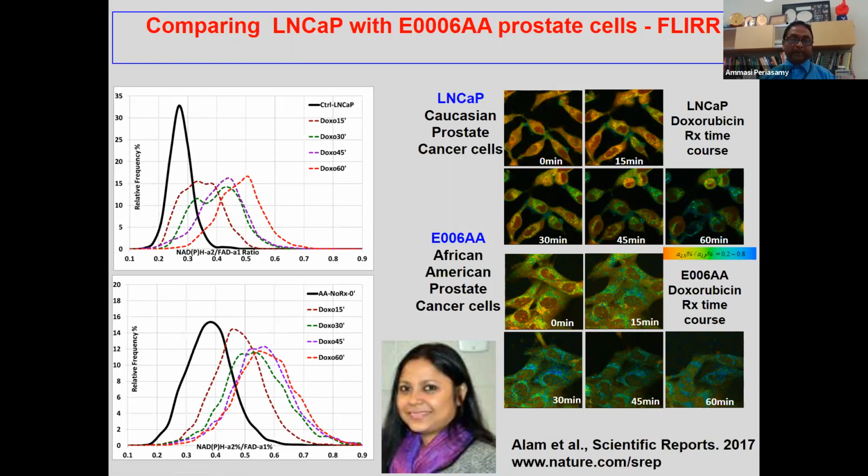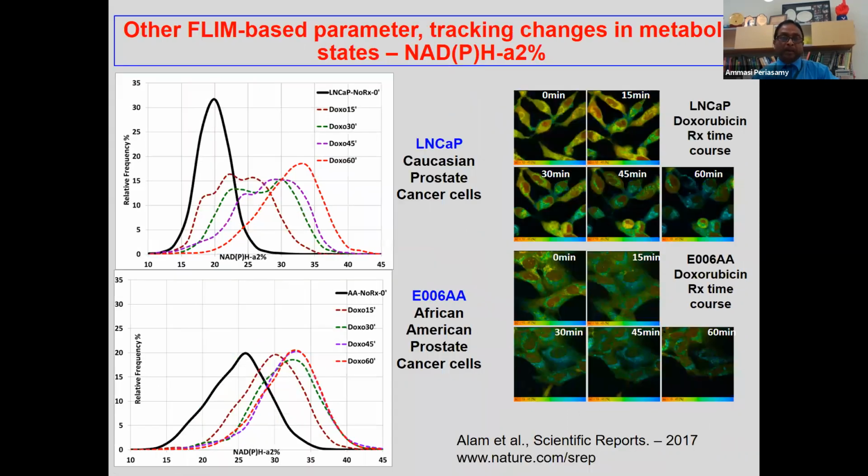The African American prostate cancer cells are not that responsive; they always show resistance to the drug compared to the LNCaP cells. It may require a higher concentration of the drug to respond well. So this is the enzyme-bound response of the LNCaP cells and the African American cancer cells.